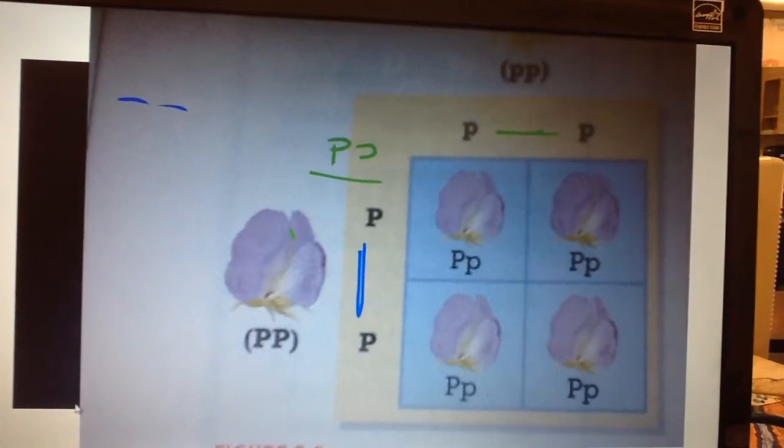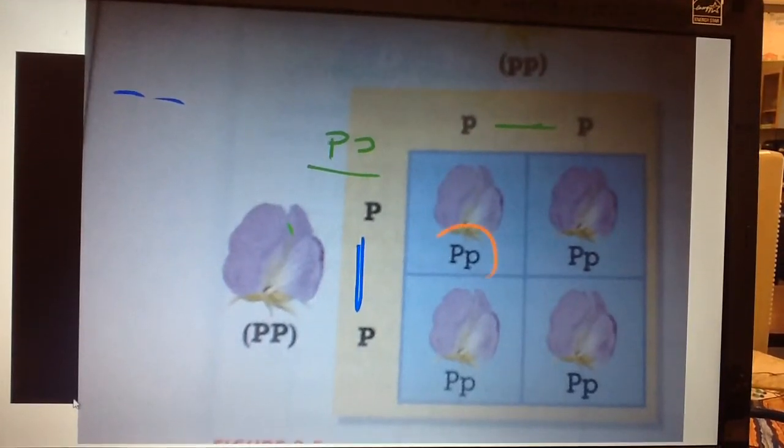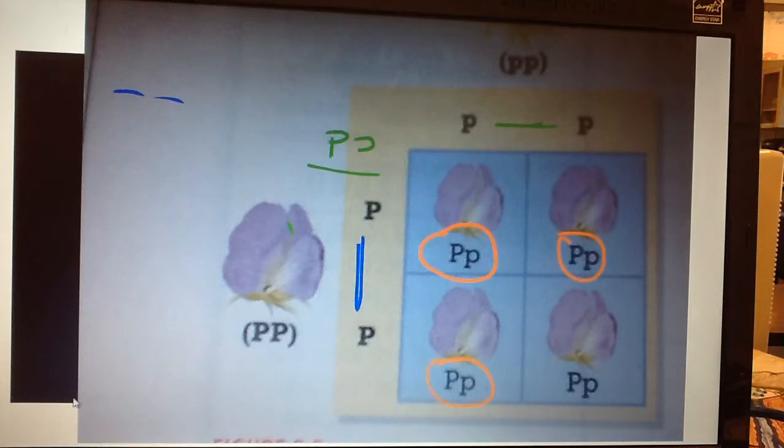When you combine those two alleles, what you end up with is big P, little p, or heterozygous, in every single possible combination of creating a purple and the white flower. However, what does big P, little p's phenotype look like? They are going to look purple.